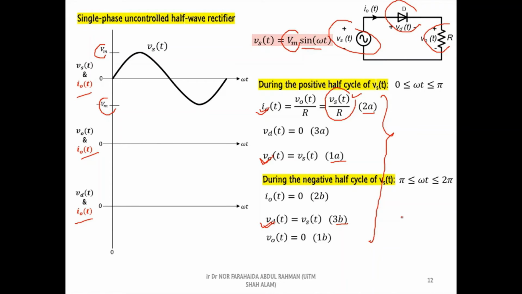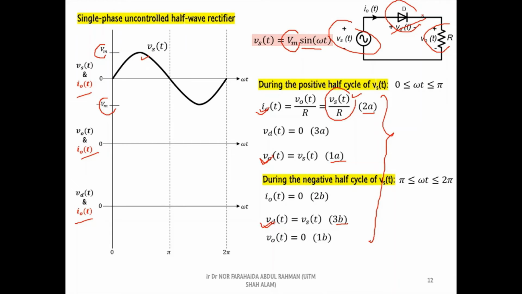For the next step, we need to sketch two vertical lines to separate the positive and negative half cycles of the supply voltage waveform. As discussed before, only during the positive half cycle of the supply voltage, diode D is in forward bias.